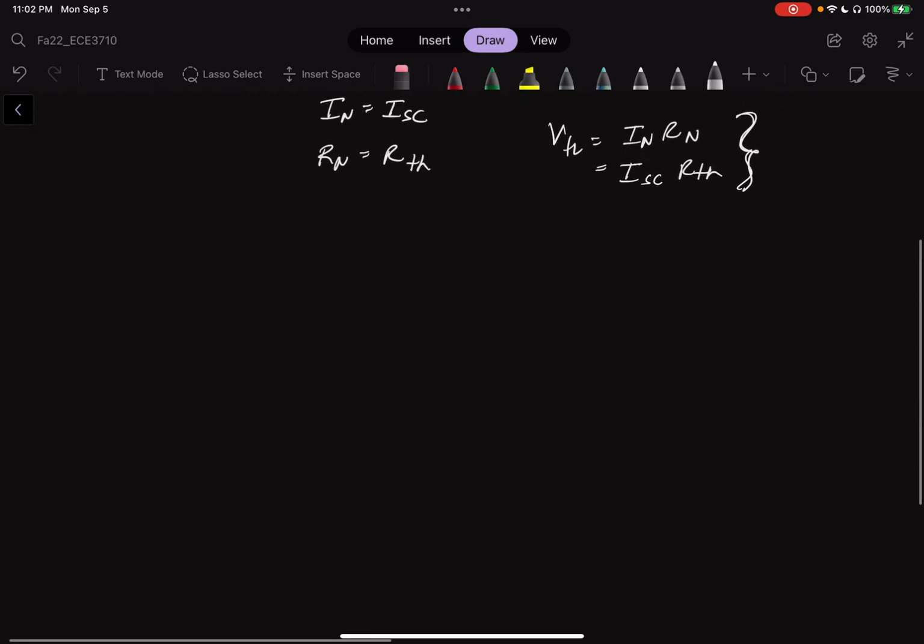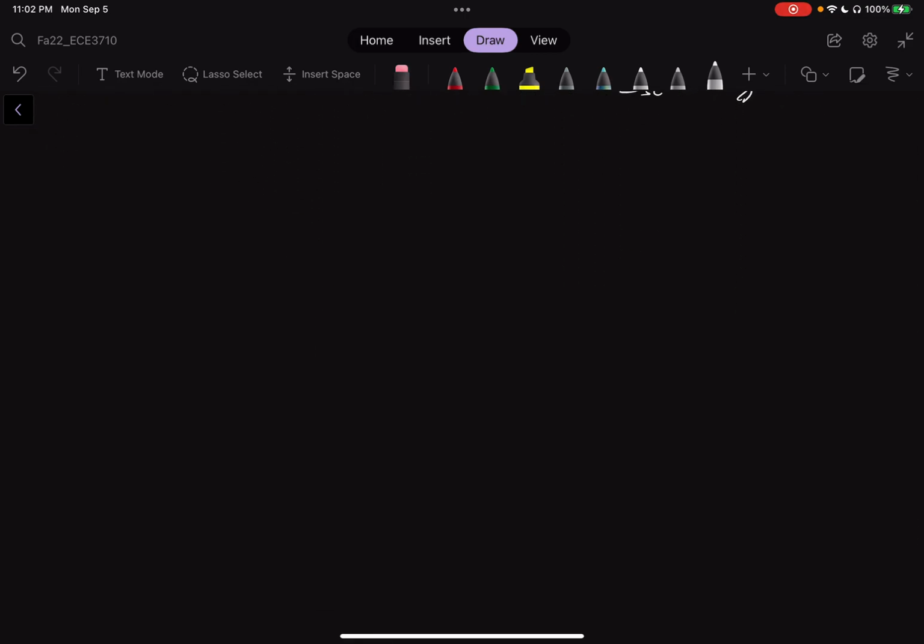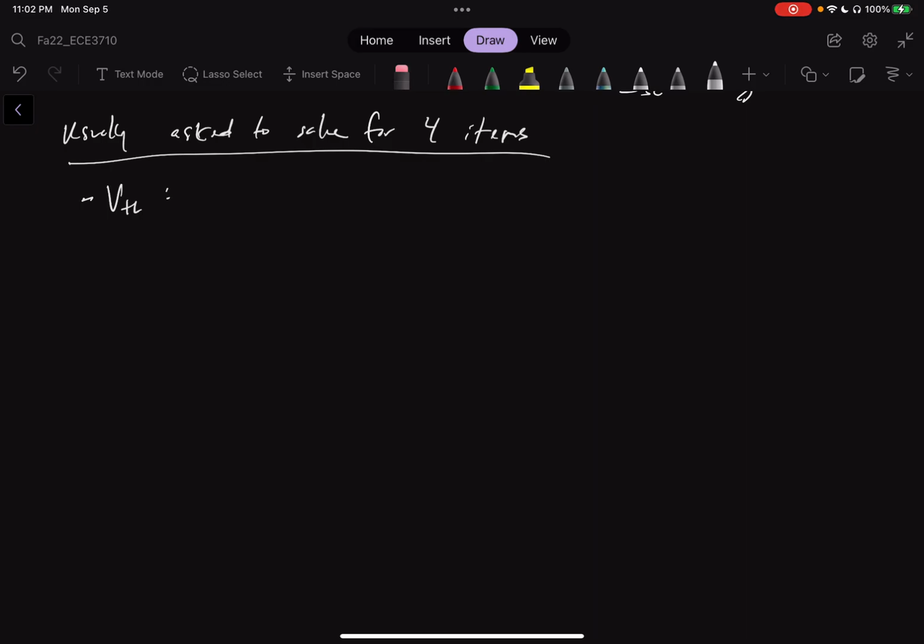Now, usually with Thevenin and Norton equivalent circuits, you are asked to solve for four items. One of them is V Thevenin. How do you do that?